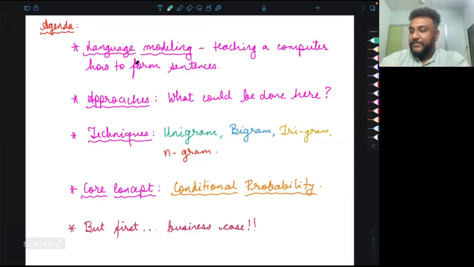We are going to now try and solve this problem using whatever we have learned. So I'm going to spend some time taking ideas from you, building on top of that, discussing the probable pitfalls. And then we will study some techniques which are well used in the literature: unigram, bigram, trigram, n-gram. All these methods are essentially used by people to implement language modeling.